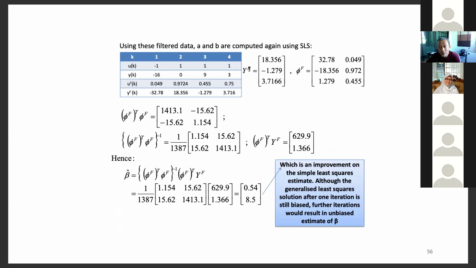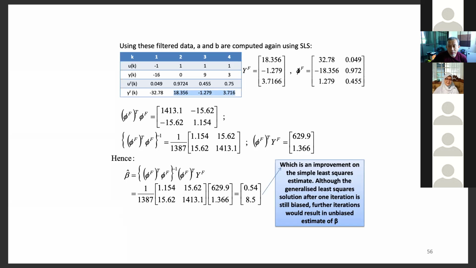The difference is we use F, the power of F stands for filtering. So yf is 18.356 and so on, which is on this part, one step ahead because it is yk plus 1.